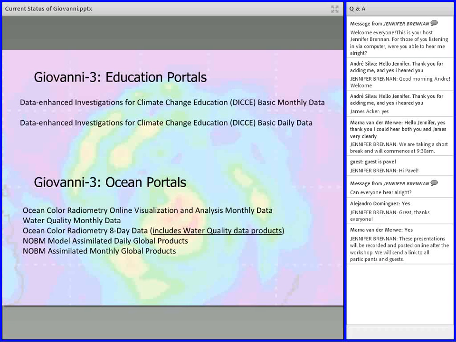And that will be an excellent supplement for the project that we're working on called Federated Giovanni, that is working with other data centers to put data into Giovanni that we don't actually have archived at the GES DISC. And one of the partners is the Ocean Biology Processing Group, which produces the ocean color data.